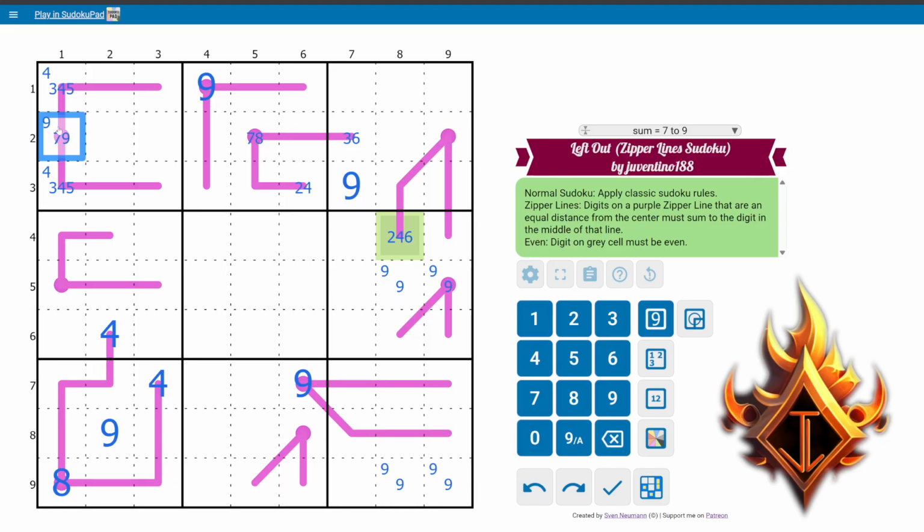This can't be 7. Because these would be 28. And then this would be 9, 8. So that would also be 7. So that is 9. And now we'll have a 5, 4 there.